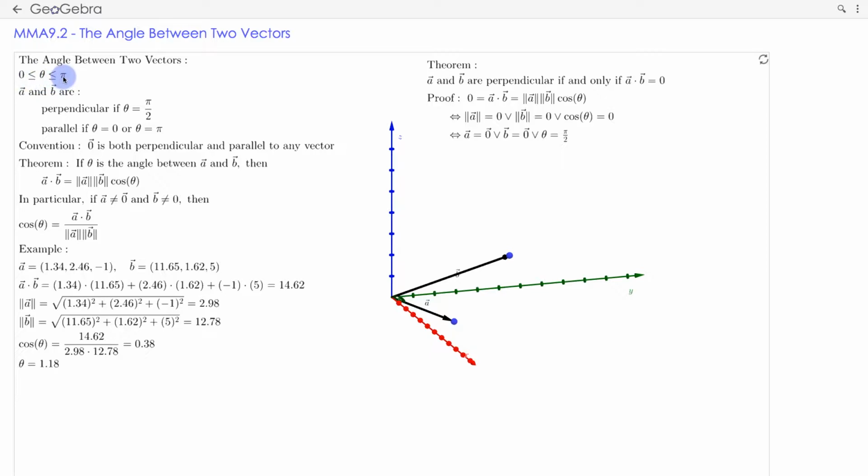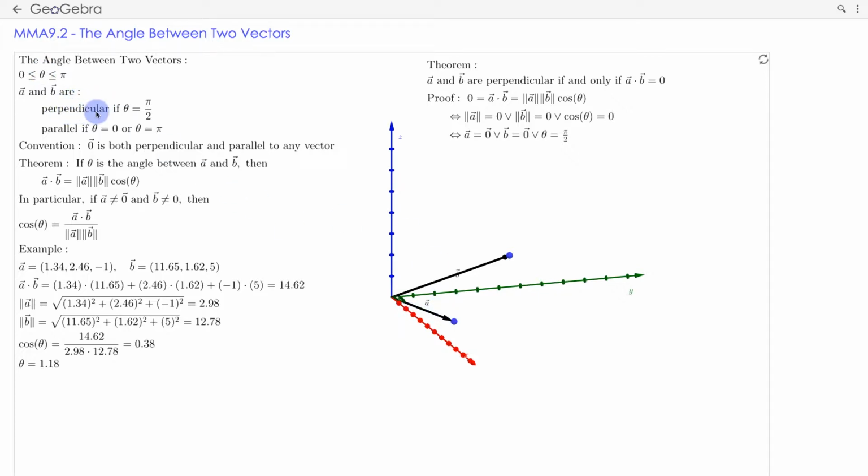And the reason for this is that pi, which is 180 degrees, is as far away as two vectors can point from each other. If you take it bigger than that, they start getting closer on the other side, right? So you don't have a sign on this angle when you talk about the angle between two vectors.